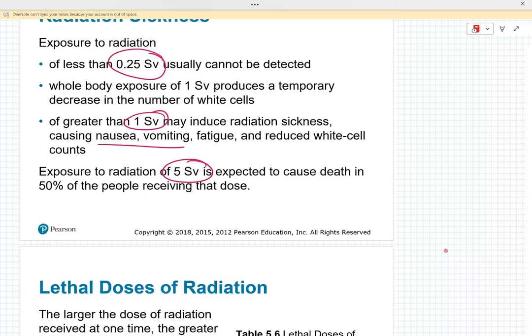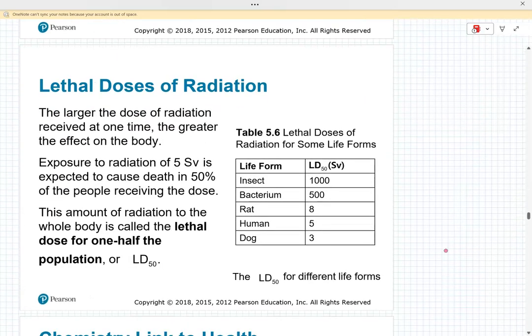Nausea, vomiting. Greater doses will affect skin, white cell and red blood cell count. Okay? So the larger, the worse. Okay? You can see who's going to survive the nuclear apocalypse. Cockroaches.